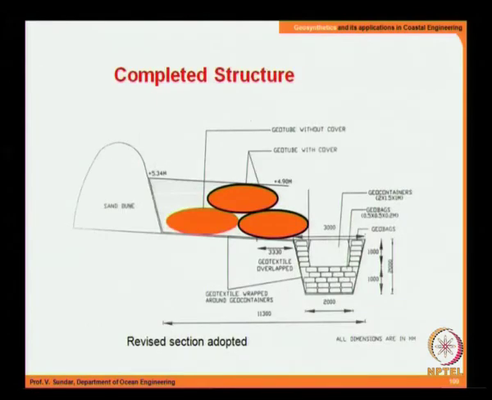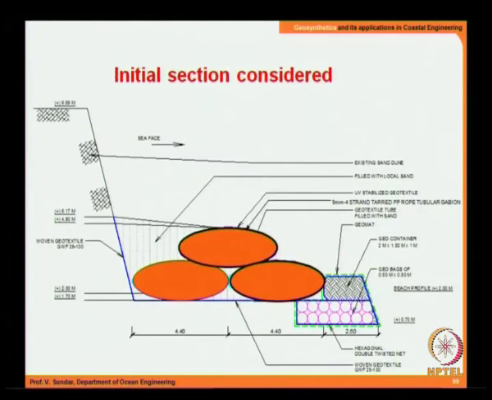This was done initially for a distance of about 100 meters, and surprisingly we saw that the geotubes were intact, but a tilt took place because of yielding of the toe.